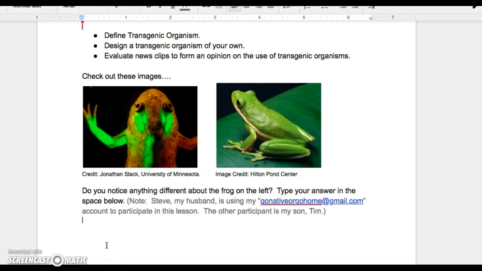This is where I want them to type their answer, so I put the cursor there to help them. I would use the comment function, but that's a little difficult for them, so we're just going to type right in the document. This is a Google Doc, and I know that's not the best method for an online lesson, but it's going to work.